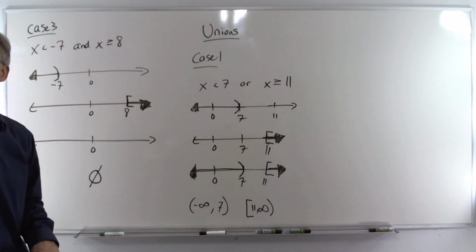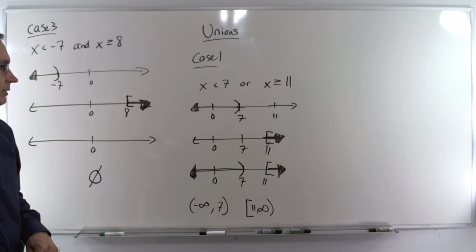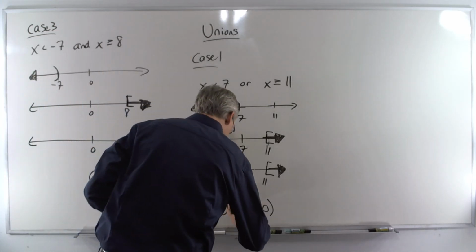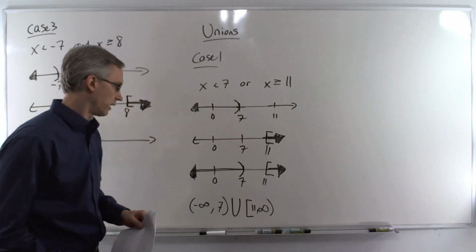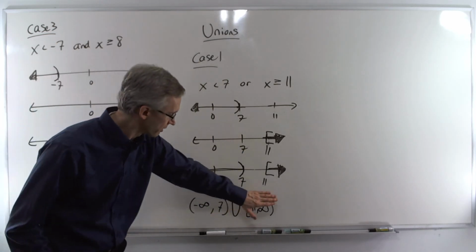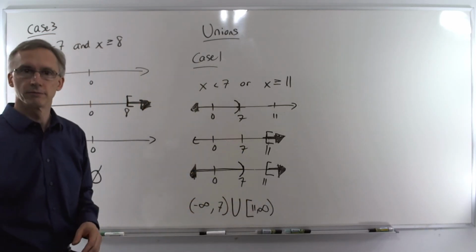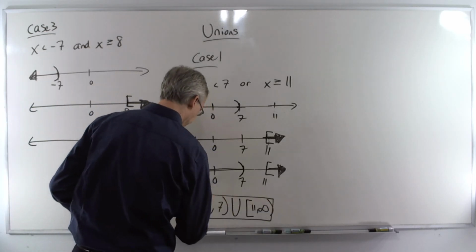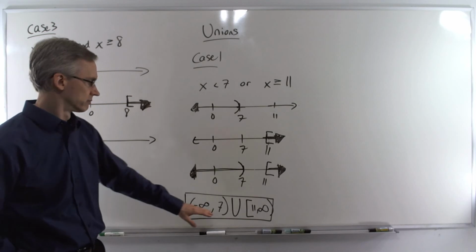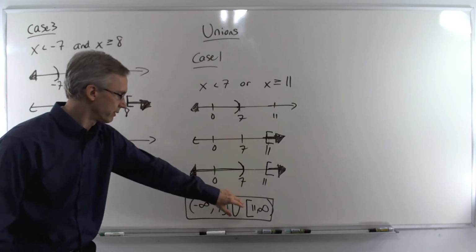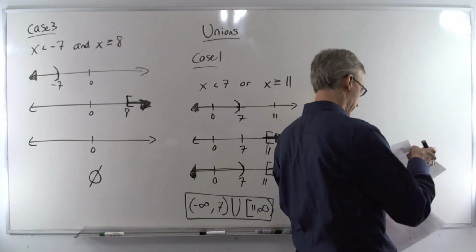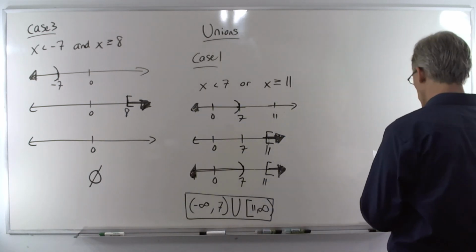So there's the two parts of the graph. And what are we doing? We're creating a union. So we'll put the union symbol in between them. And that just means both of these are included in the solution. So there's interval form. So get used to writing sets like that with two pieces with a union in between them. Your turn, number 5.